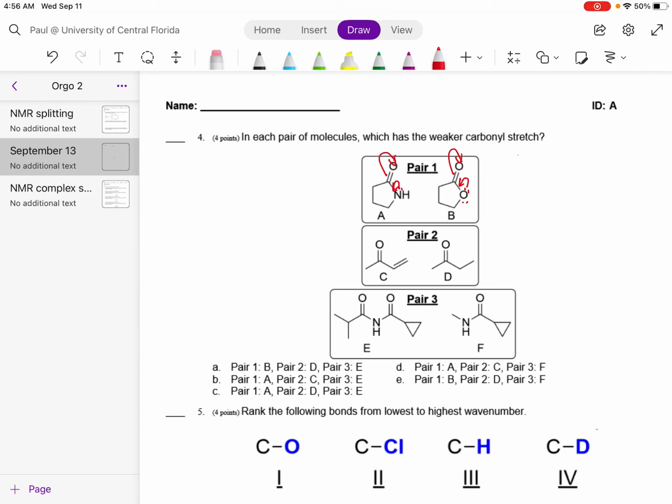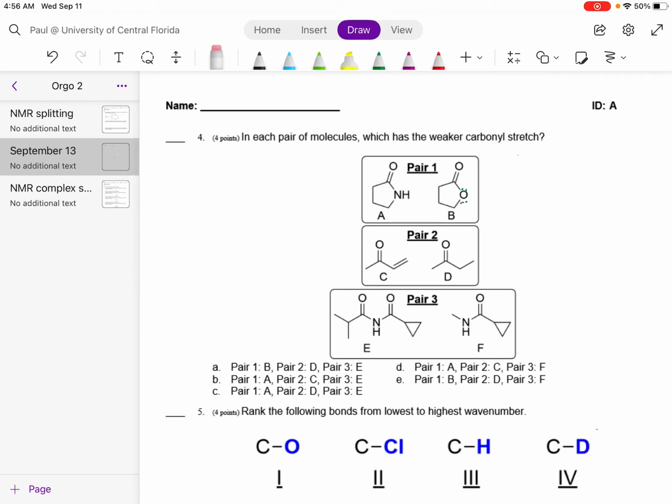The atom that's more willing to use its lone pairs to resonate in will weaken that carbonyl stretch right there. So we know that oxygen is more electronegative than nitrogen, and so it's going to hold on to its lone pairs tighter than nitrogen. So nitrogen's going to be more willing to resonate in, hence weakening that carbonyl stretch.